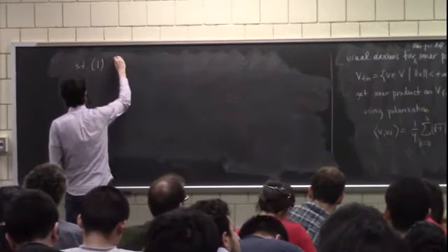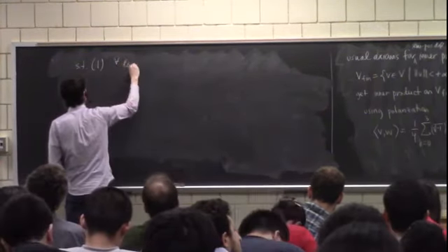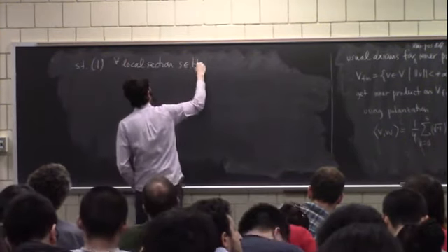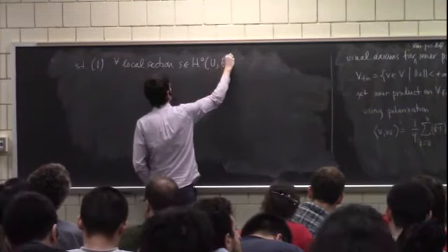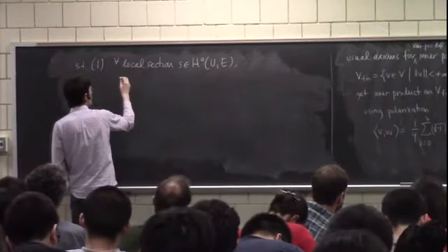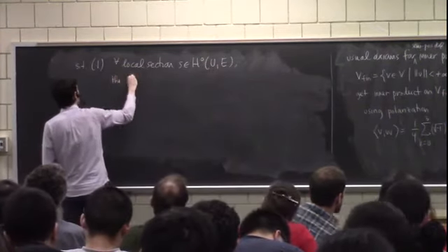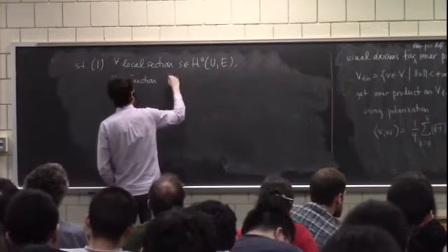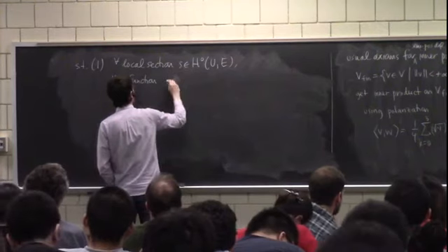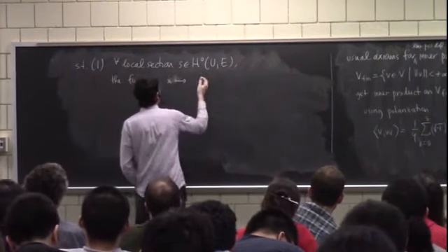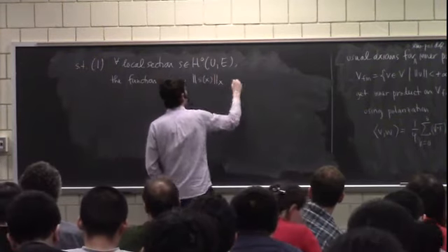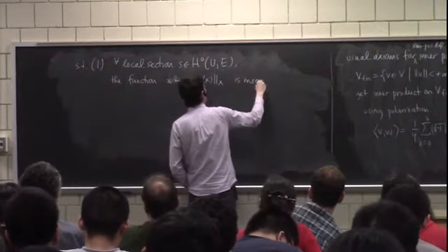Okay? So such that for every local section, whenever I have some open set, some holomorphic section of E, I want the function x goes to this to be measurable.